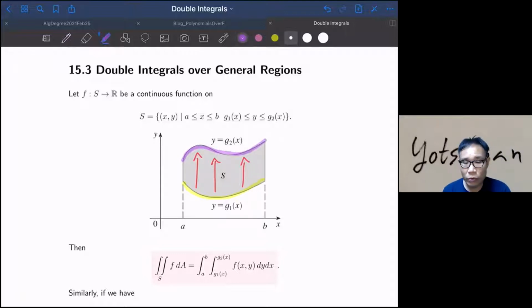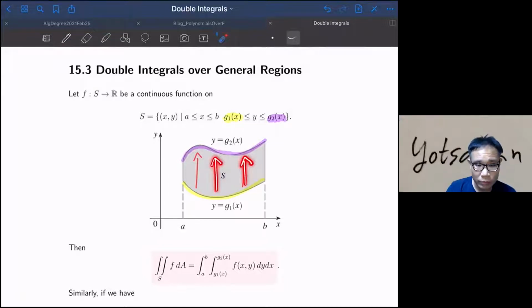Okay, so you see that y lies between the purple and the yellow curve, and x lies between A and B. This looks kind of like a rectangle. However, y goes from the bottom curve to the top curve.